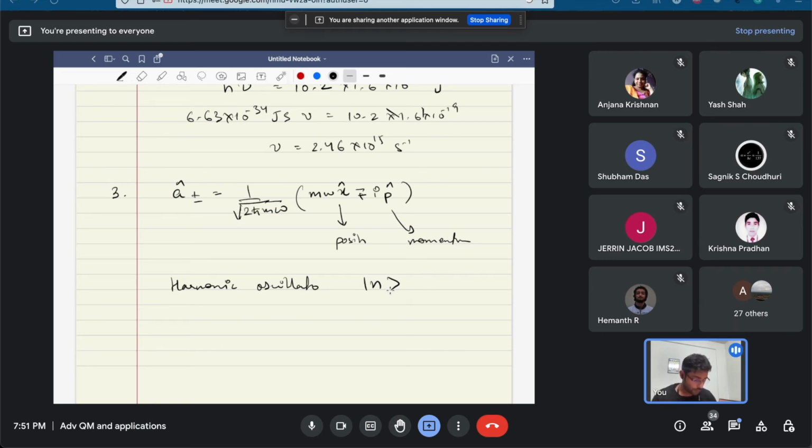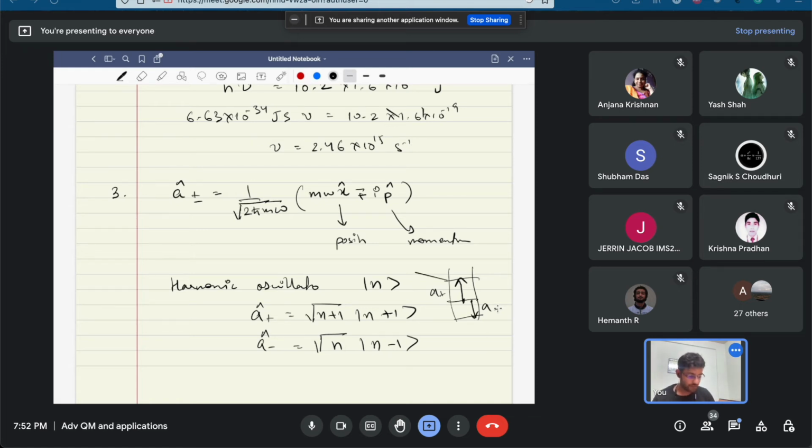Now if you use an a plus operator, it increases or excites to a higher state, whereas an a minus operator reduces to a lower state, de-excites. So it's like you have a ladder. The a plus operator puts you from here to the upper state, whereas the a minus operator puts you to a lower state, that is the n minus 1 state.